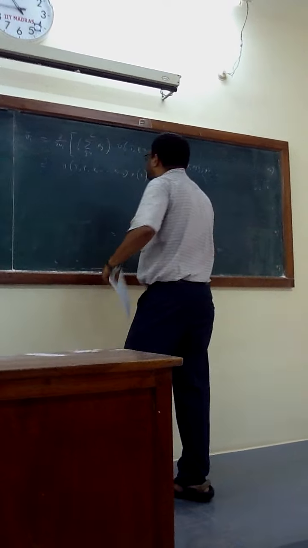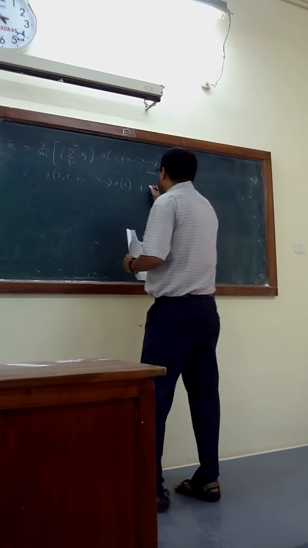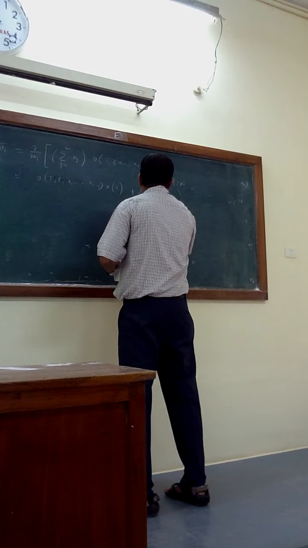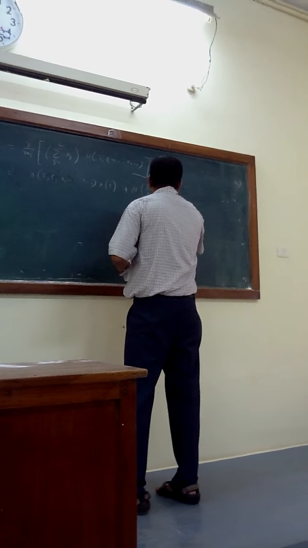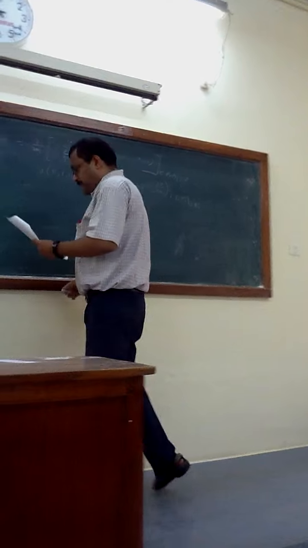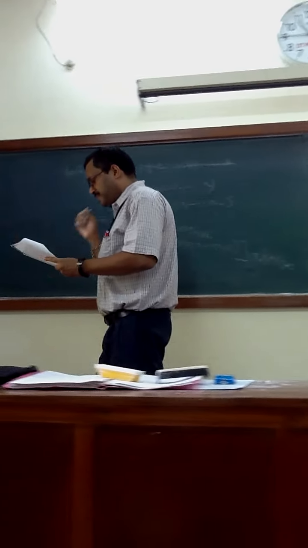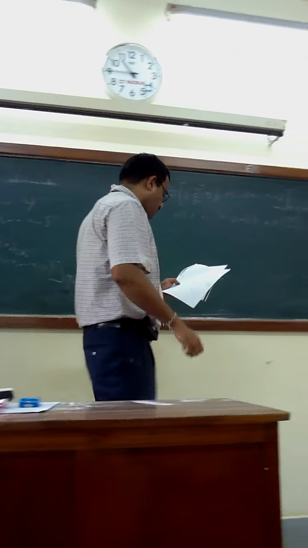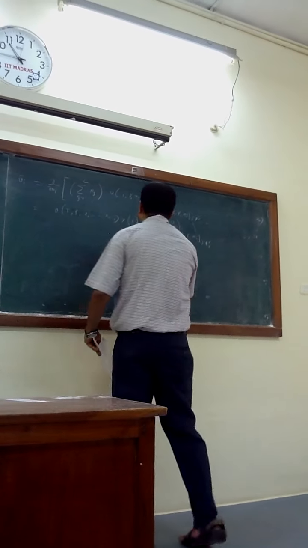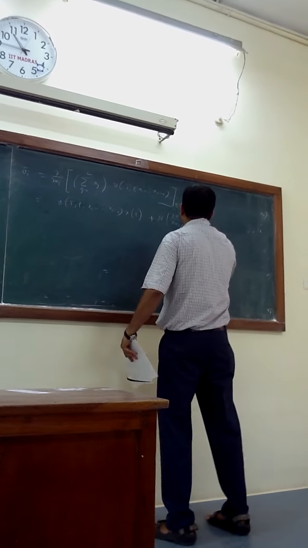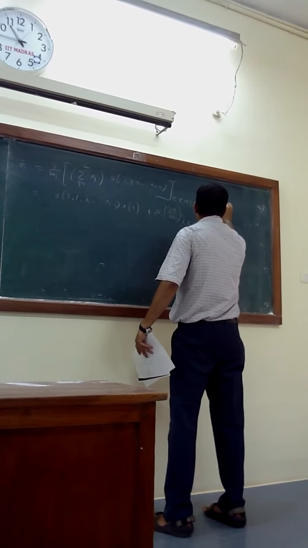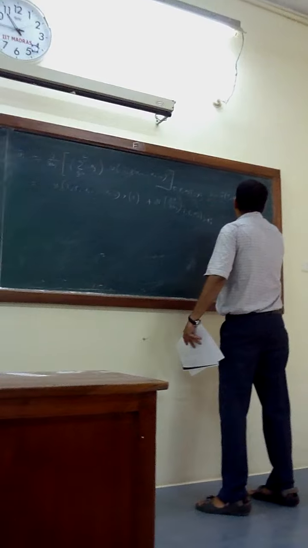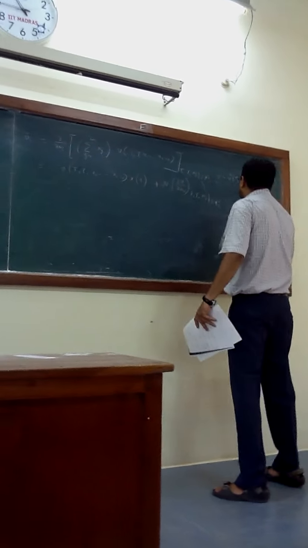Okay, plus n ∂V/∂n_i at T, P, n_j not equal to i. And this you can write as, remember this V is nothing but V-hat at T, P, x1 to x_{c-1}.